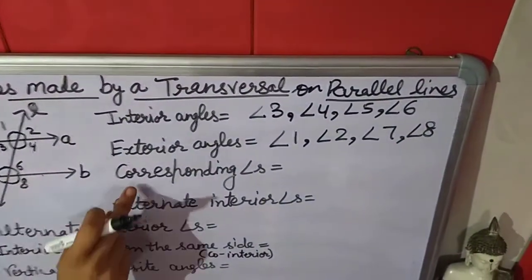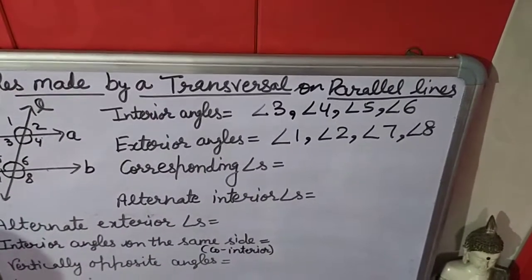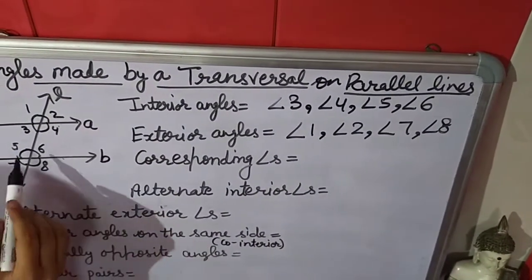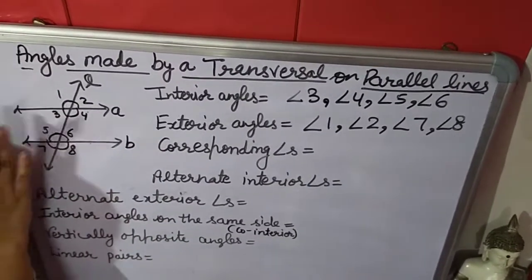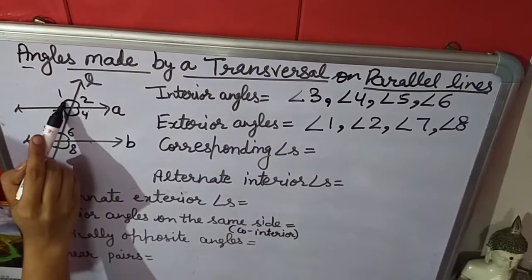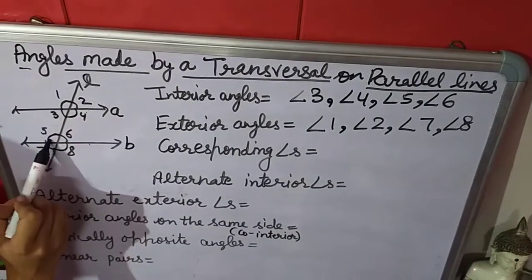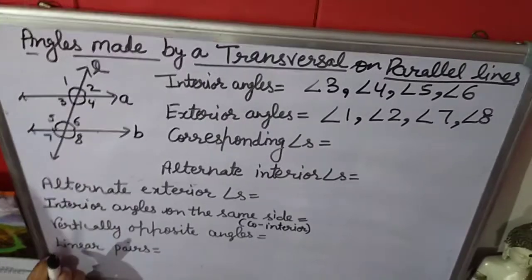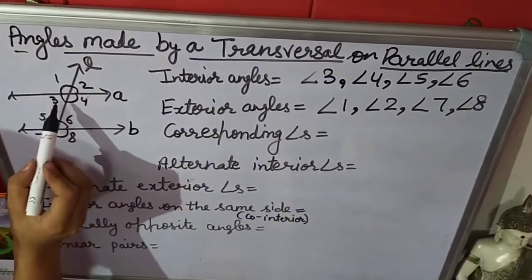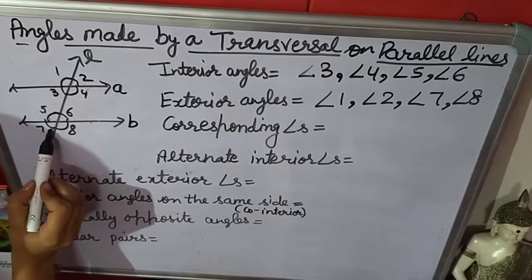Now next is corresponding angles. What are corresponding angles? When two angles are on the same side of the transversal, but one is outside and one is inside, then they are called corresponding angles. Like angle 3 and angle 7.